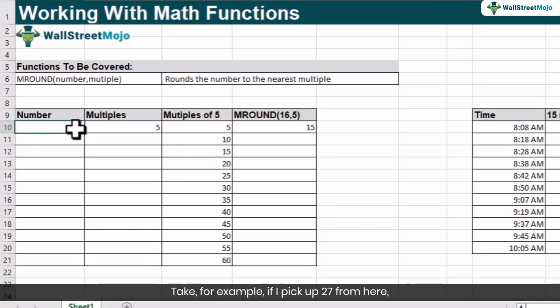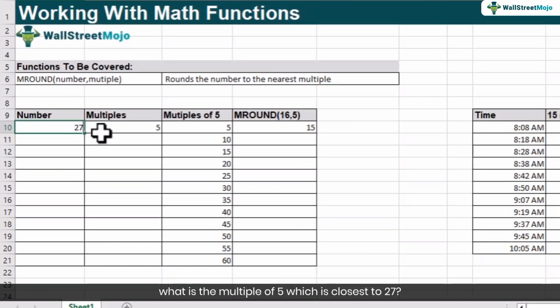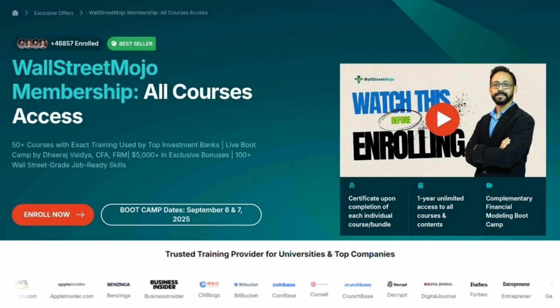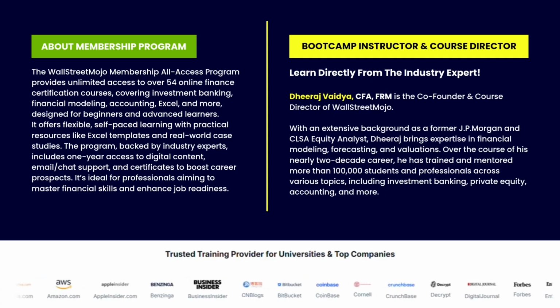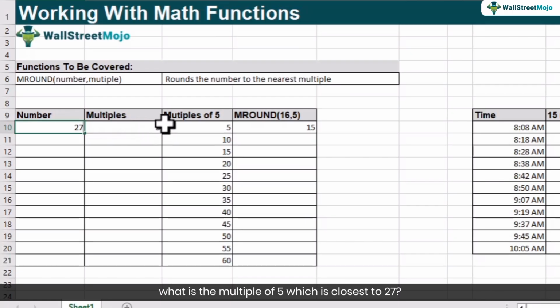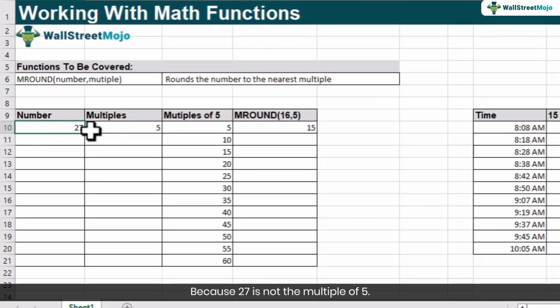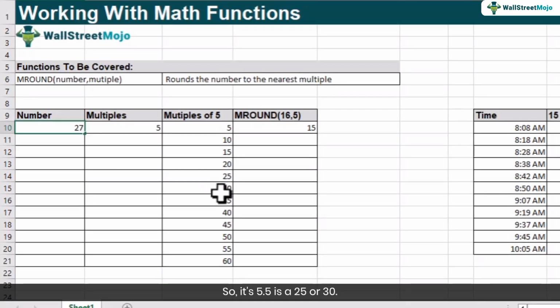Like for example, if I pick up 27 from here, what is the multiple of 5 which is closest to 27? Because 27 is not a multiple of 5. So it's 5 fives are 25, or 30.